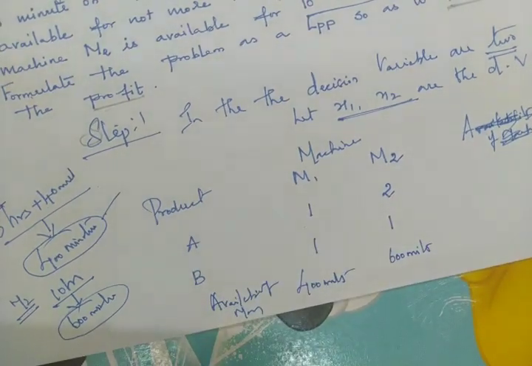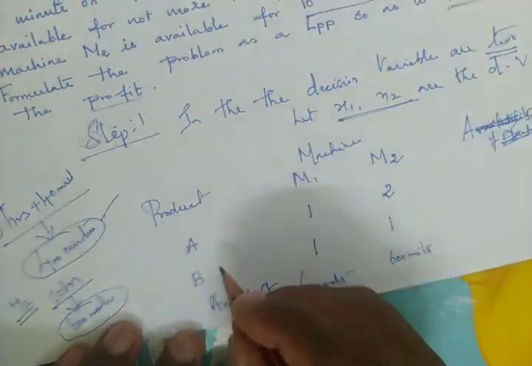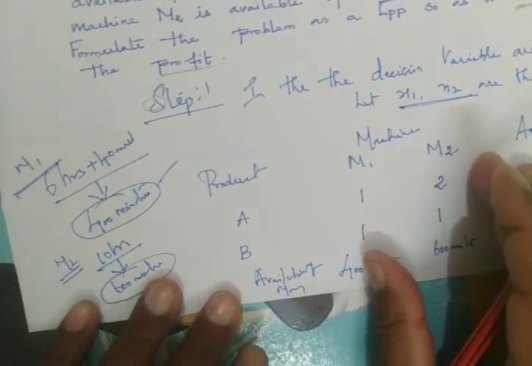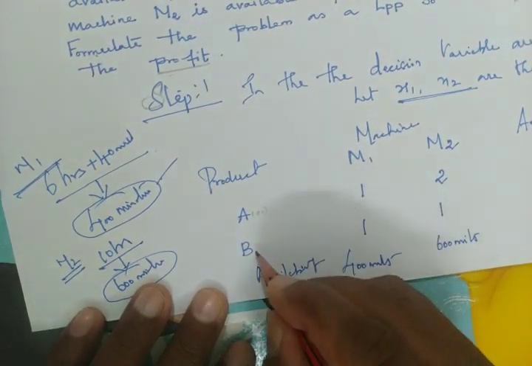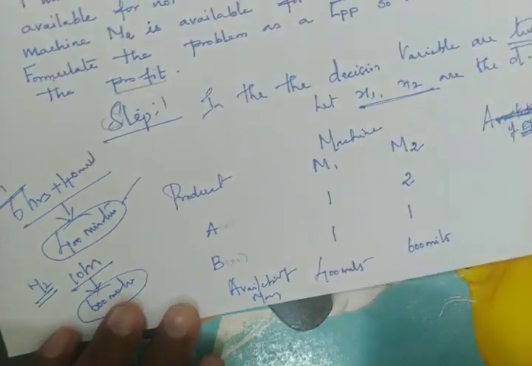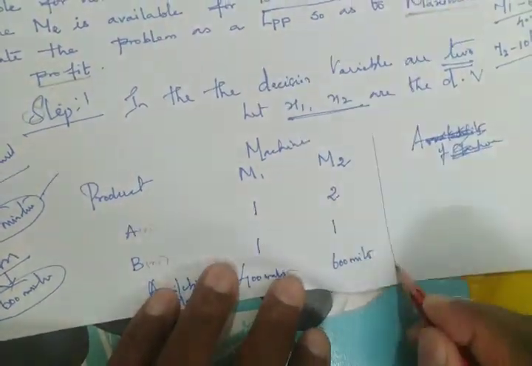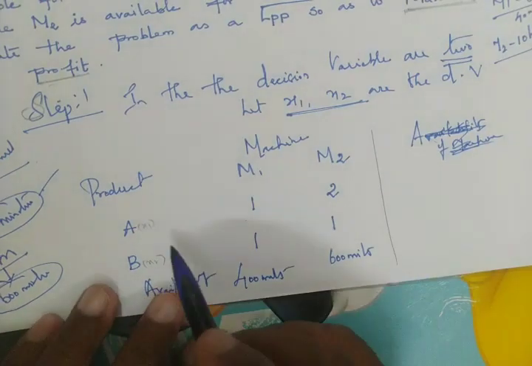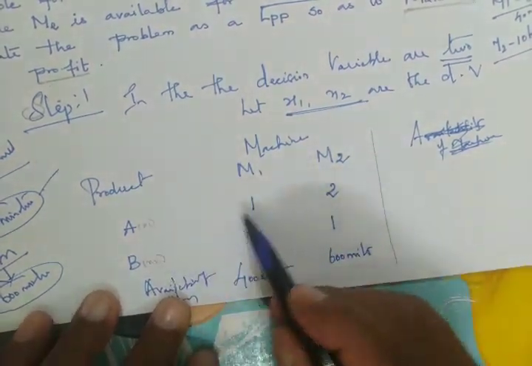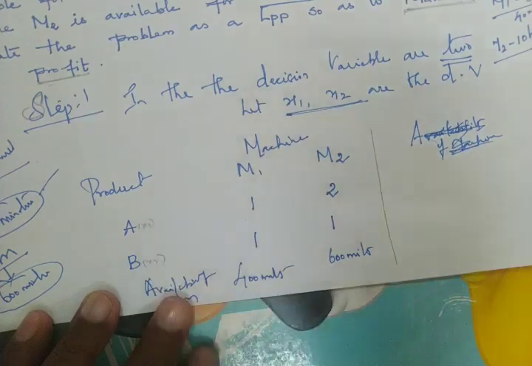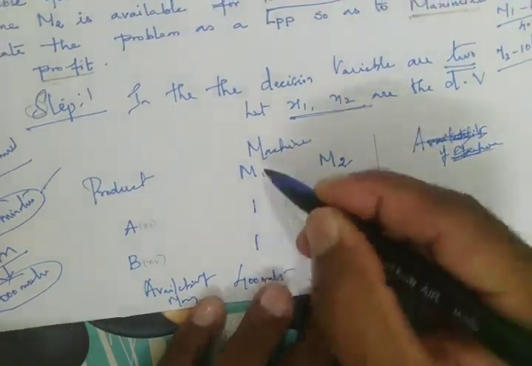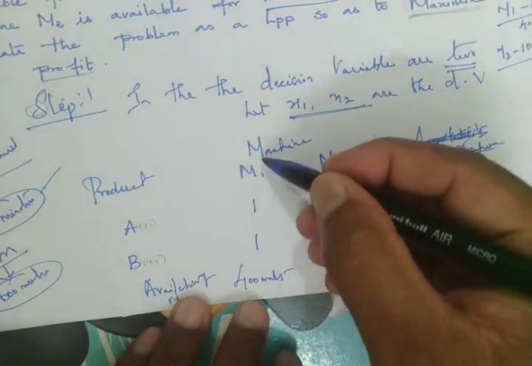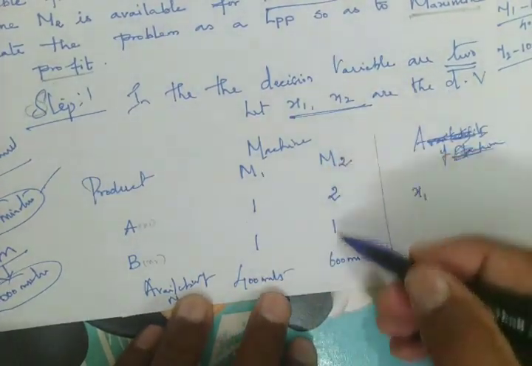Now you can form the linear equations, the LPP form. Initially we assumed x1 for product A and x2 for product B. Now we can form the LPP model easily. First consider machine M1 fully, then M2 fully.